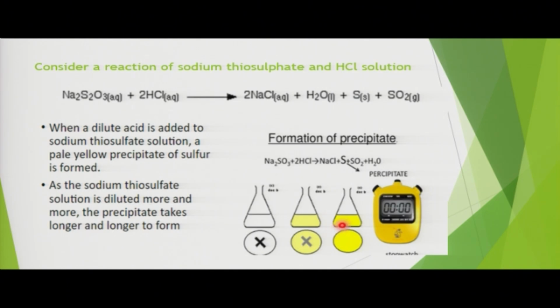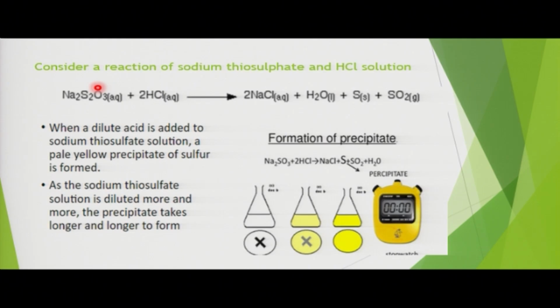For instance, this is at high concentration, medium concentration, at a low concentration. So when the concentration of thiosulfate is low, as you maintain the concentration of HCl, then it takes very many minutes for the reaction to occur.